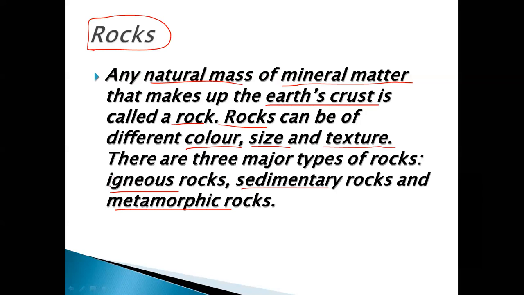The word igneous is Latin, from ignis, meaning fire. Sedimentary is also Latin, from sedimentum, which means settled down, and metamorphic is a Greek word, metamorphos, meaning change of form.